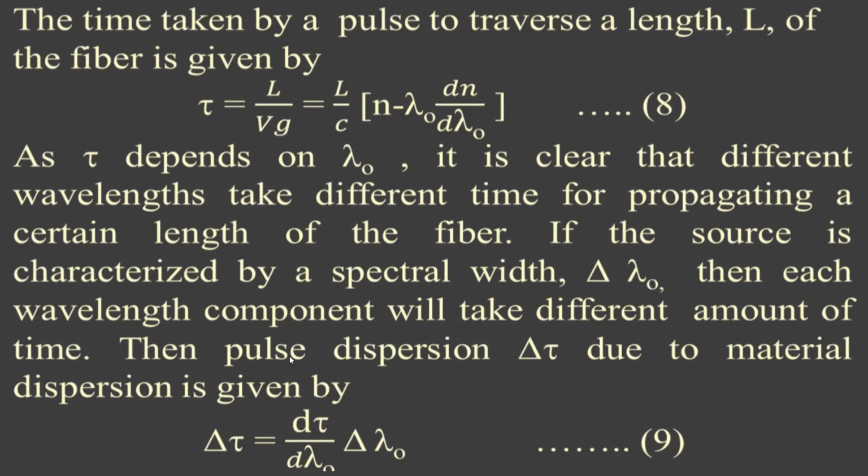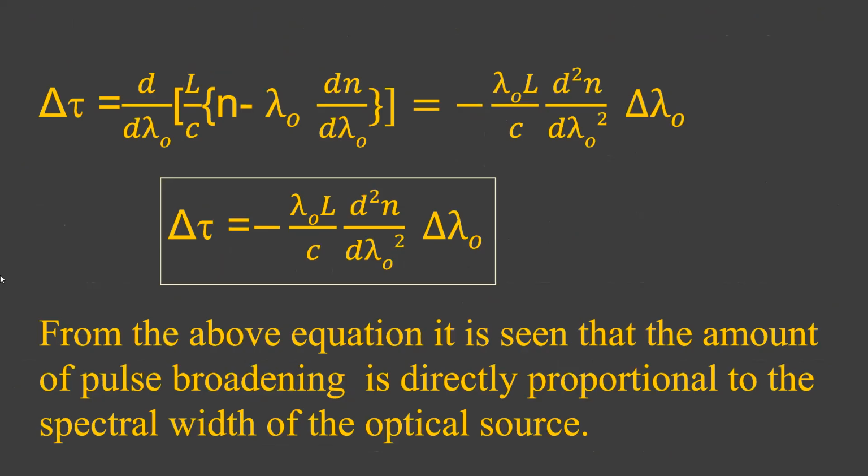Then pulse dispersion delta tau due to material dispersion is given by delta tau is equal to d tau by d lambda naught into delta lambda naught.